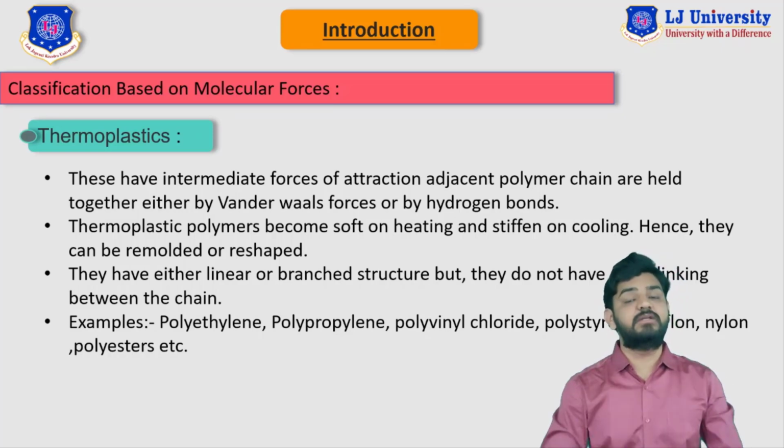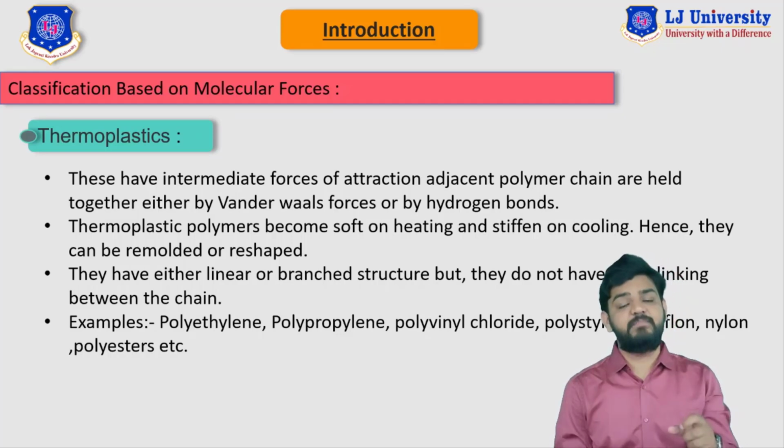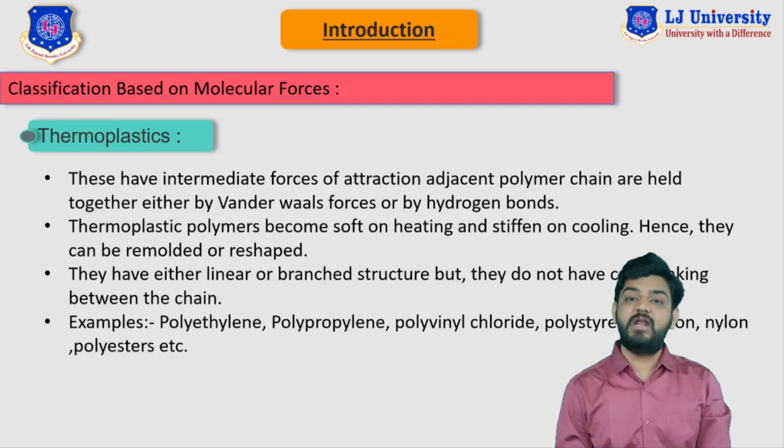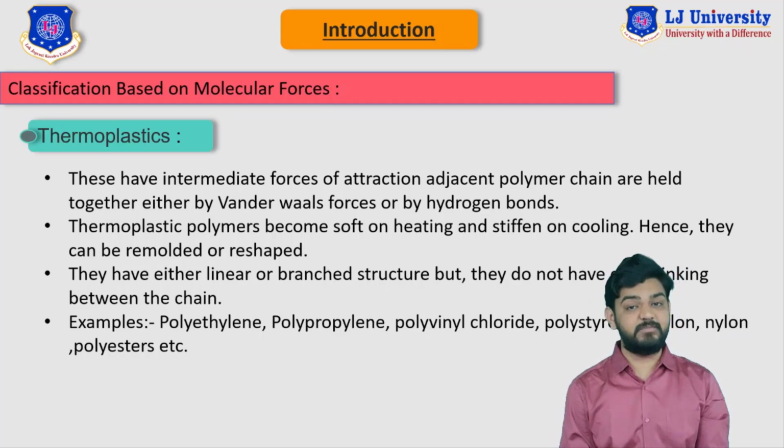You must have seen the polypropylene transparent pipes. These pipes become soft on the application of heat, and we tie this pipe with the nozzle, and upon cooling this pipe gets hard so that they will connect it with the nozzle. Now, having said that, this thermoplastic polymer can be reshaped or remolded. Basically, the intermolecular forces of this thermoplastic material are responsible for their remolding and reshaping.